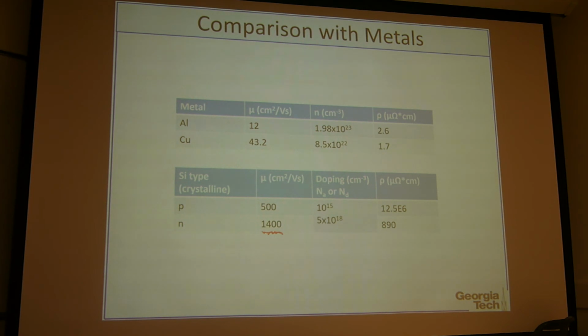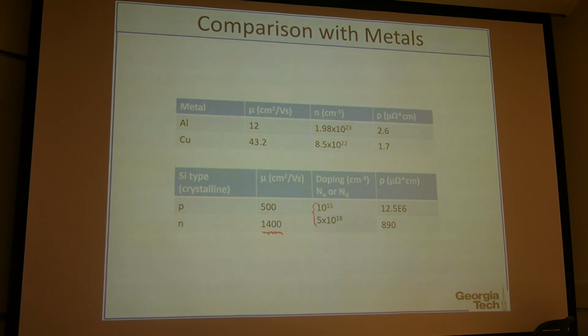And this range, 10 to the power 15 to 5 times 10 to the power 18, is a typical range for the doping we discussed earlier. To the higher end, you can have 5 times 10 to the power 18. To the lower end, you have 10 to the power 15. So with different doping levels, you can see that the resistivity of the silicon can be tuned.